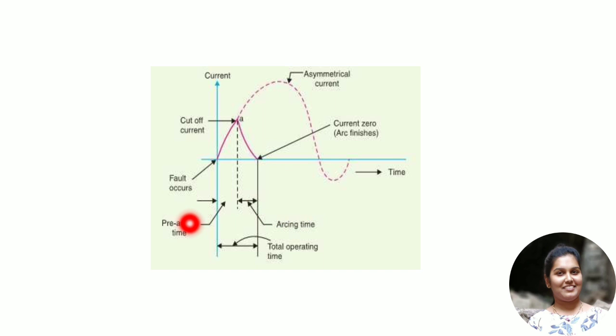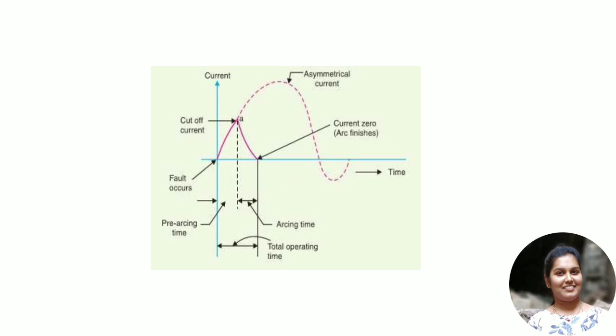Pre-arcing time is the time from when the fault occurs to the current cutoff, and the time from the cutoff current to the 0 value is the arcing time. These two times in combination are the total operating time.